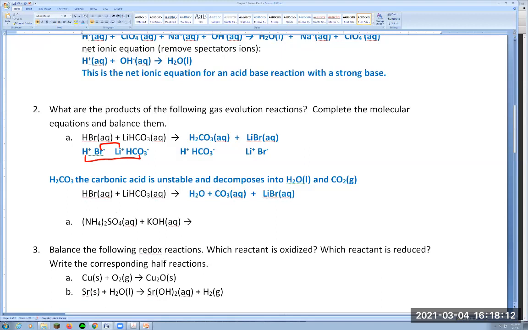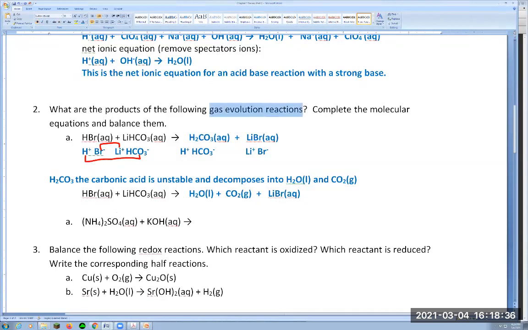And water is a liquid, and CO2 is a gas, and that's CO2, right? So instead of H2CO3, now we have water plus the CO2 gas, because this is unstable. And so now you can see why this is a gas evolution reaction, right?